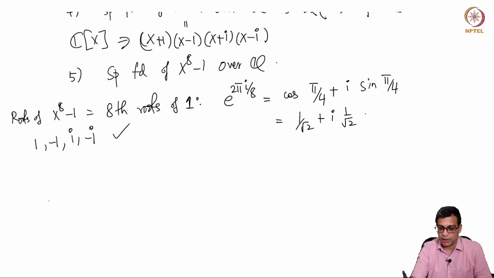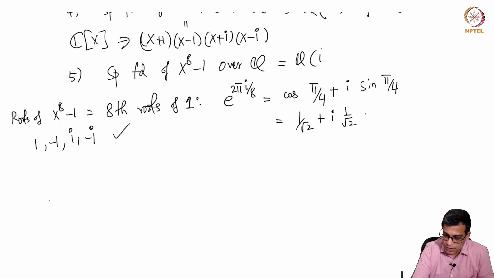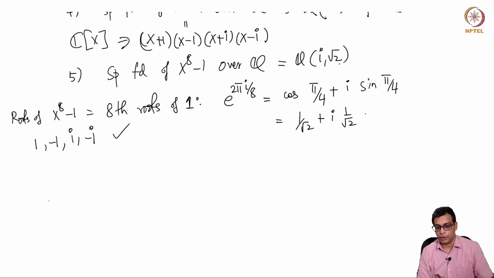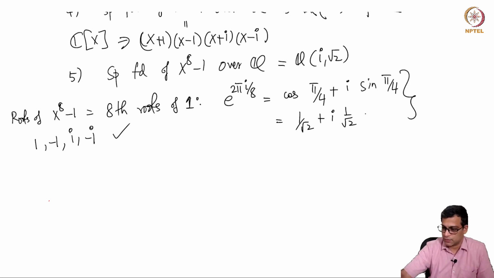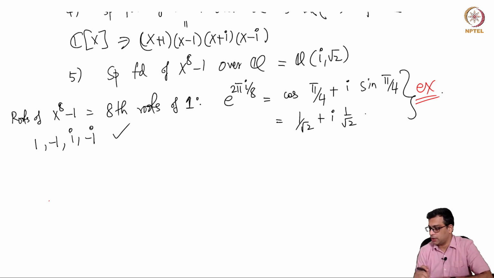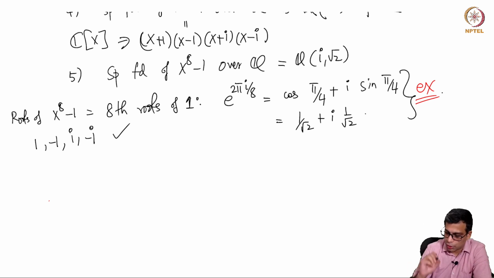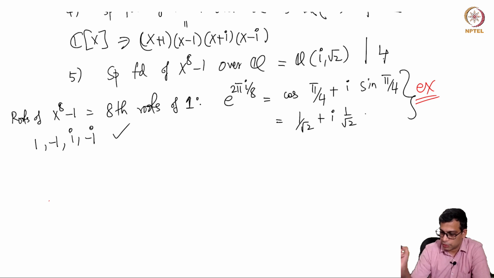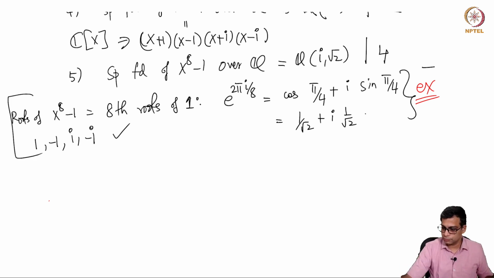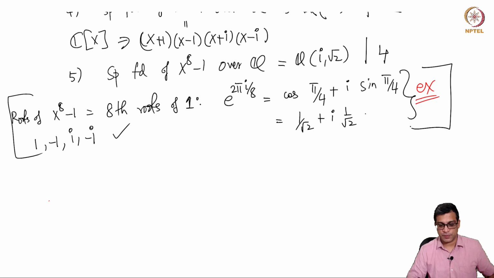So the splitting field is just Q adjoined i comma root 2. Okay. So this part is an exercise for you. So the splitting field is exactly Q adjoined i comma root 2, and the degree is 4 here. So the degree of the splitting field is 4.